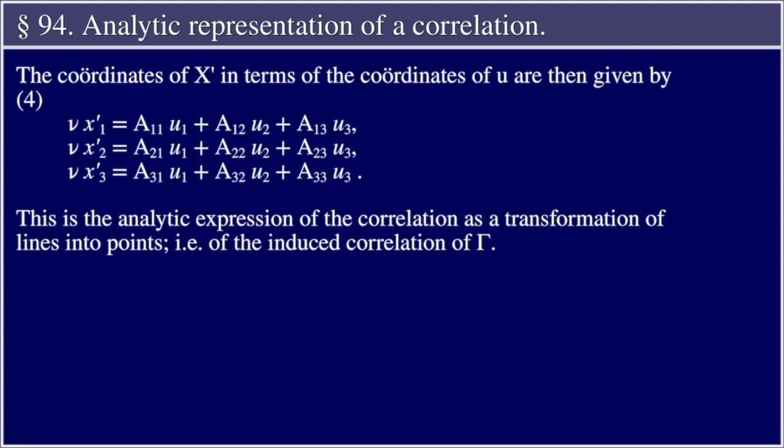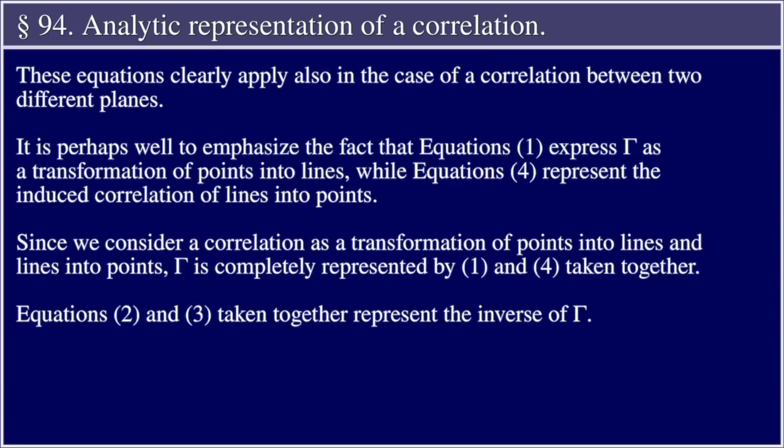Nu x3' equals a31u1 plus a32u2 plus a33u3. This is the analytic expression of the correlation as a transformation of lines into points, that is, of the induced correlation of gamma. These equations clearly apply also in the case of a correlation between two different planes.